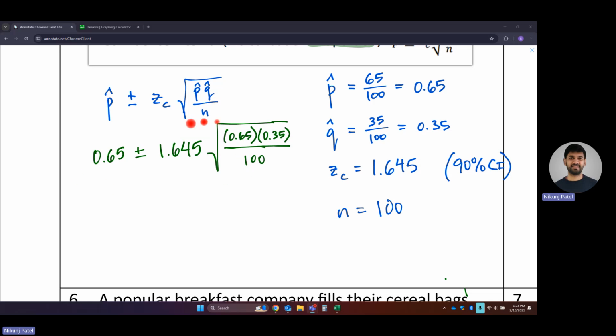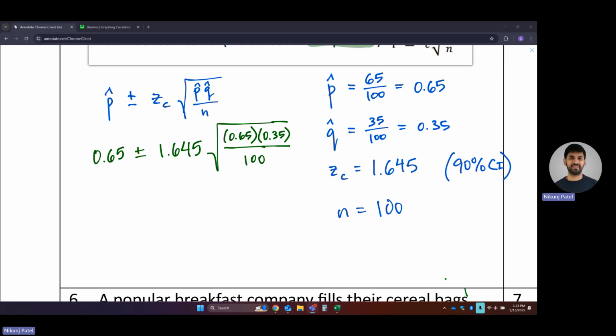Regardless of that, whatever scientific calculator you're using, make sure that you arrive at 2 values as your answer. Remember that there's a plus and a minus right there. You want to punch in all of these values into the formula with a minus first to get the lower bound, and then put a plus sign for the upper bound.